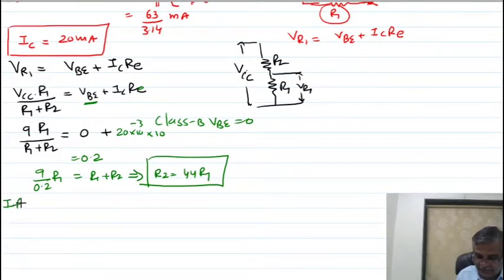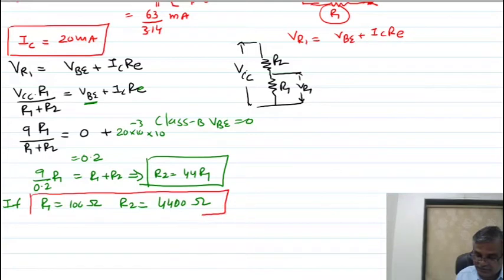If R1 is 100 ohm, then R2 will be 440 ohm. So your answer to calculate R1 and R2 is like this. This is the calculation.